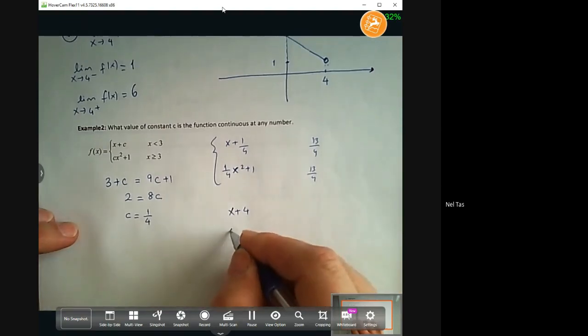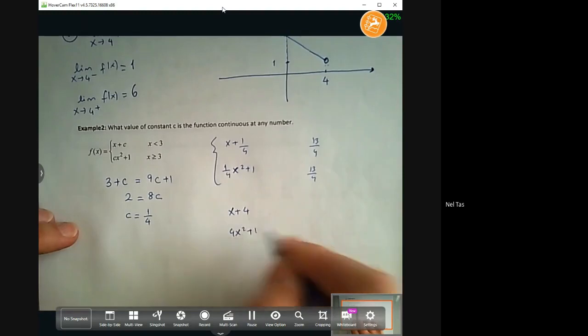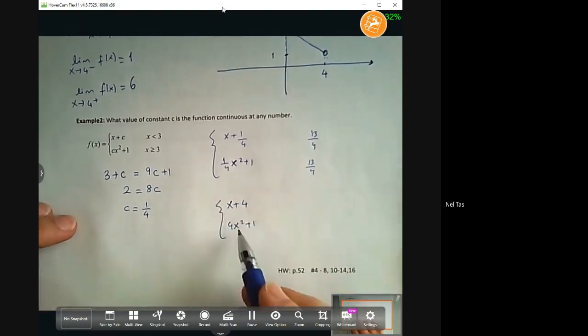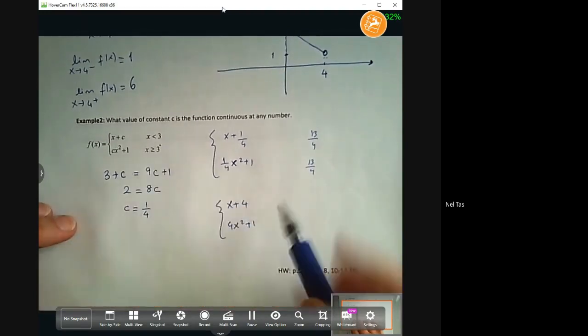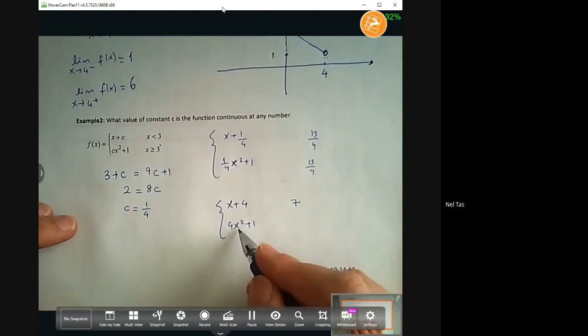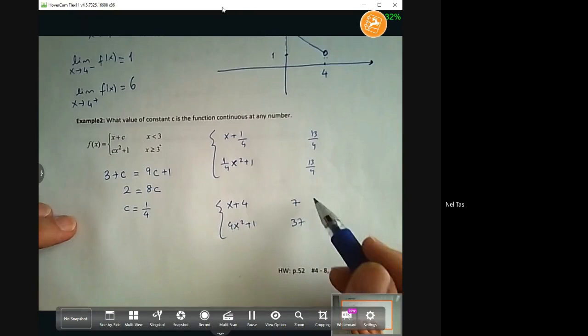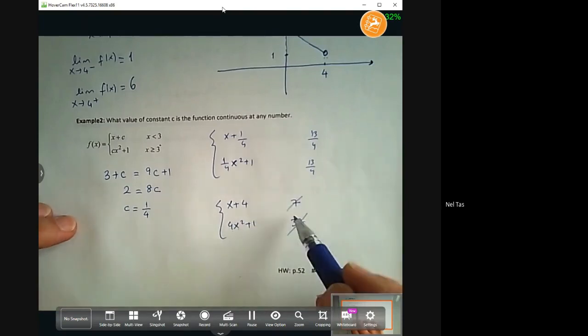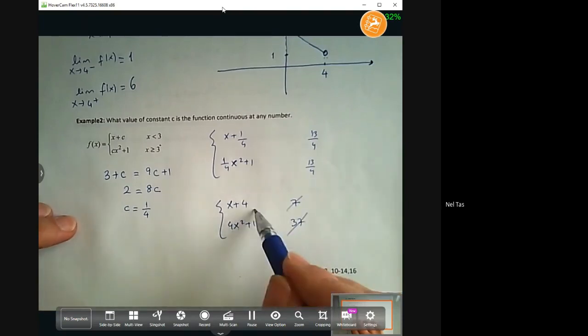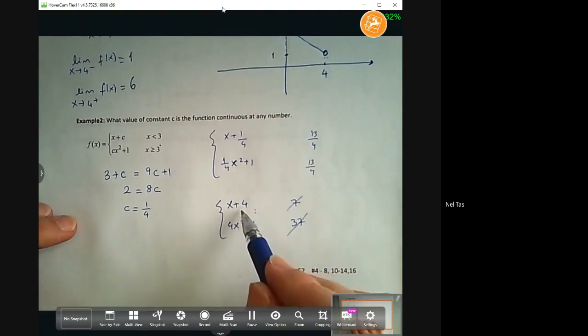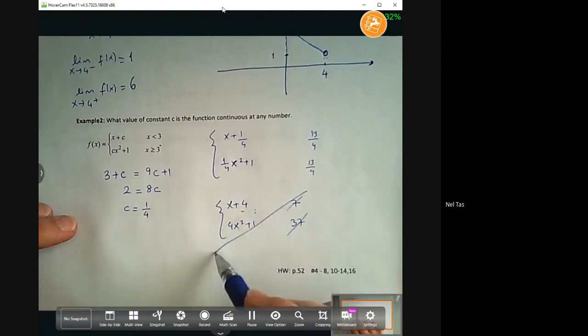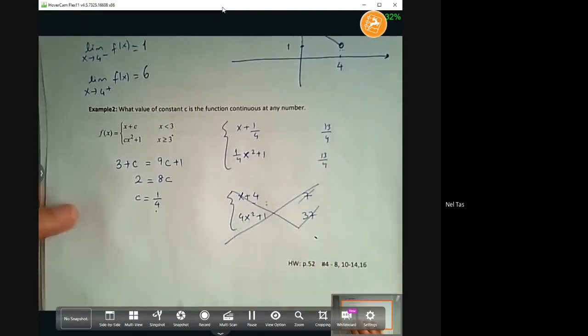Then for x squared plus 1, when you substitute 3, what do you get? 9 times 4 is 36, plus 1 is 37. See, they don't have the same y values, which means this function would be discontinuous at x equals 3. The answer is 1 over 4.